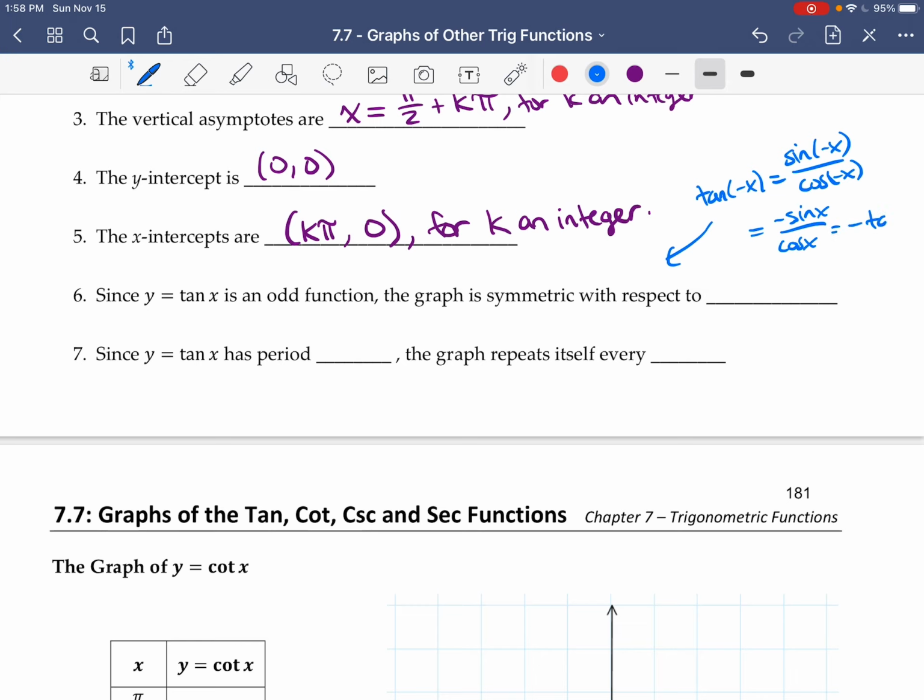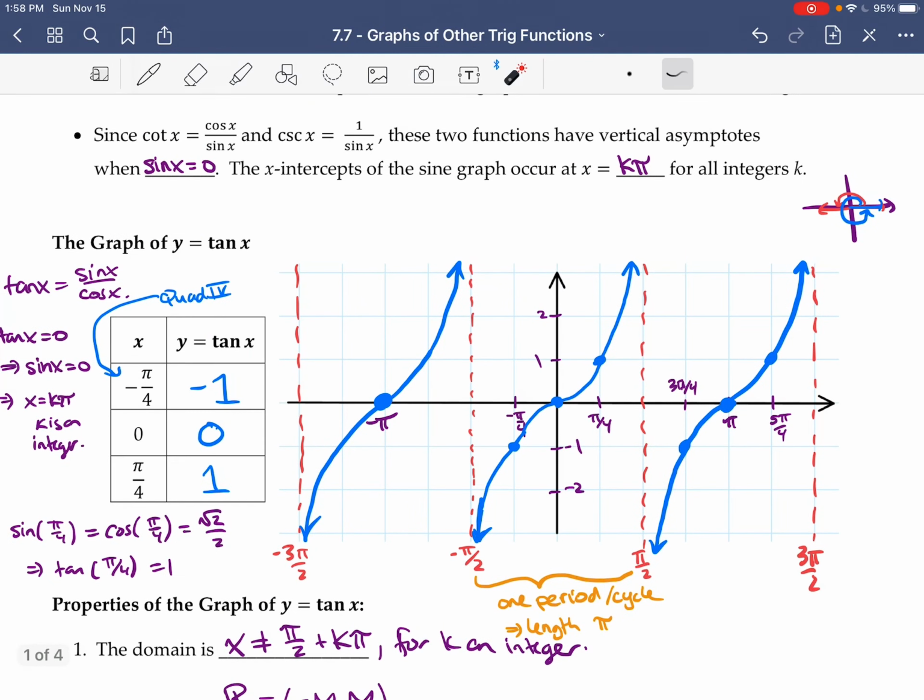So that's negative tan x. So that's why it's an odd function. So that means it's symmetric with respect to the origin. You can see this part of the graph here is just rotated around the origin to be this part of the graph here. And that's the same for the entire graph. So this part, if we rotate it, is going to land right here. So it's symmetric about the origin.